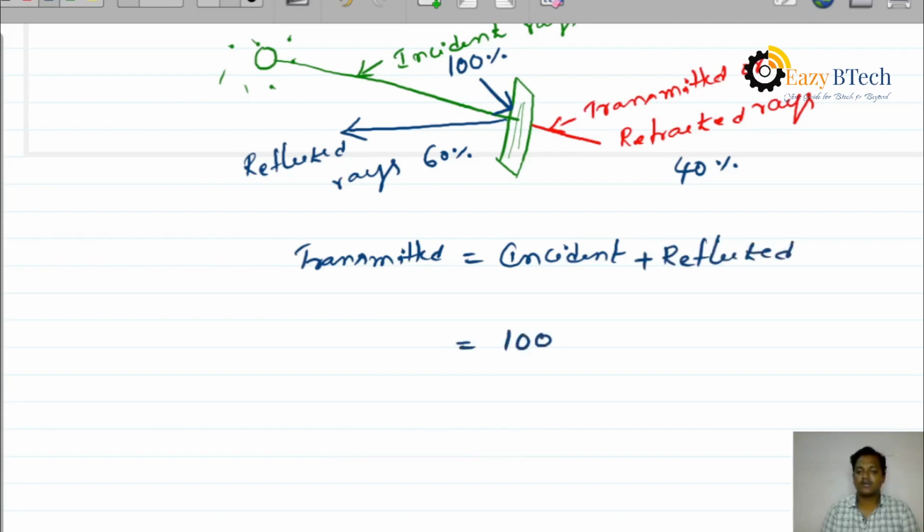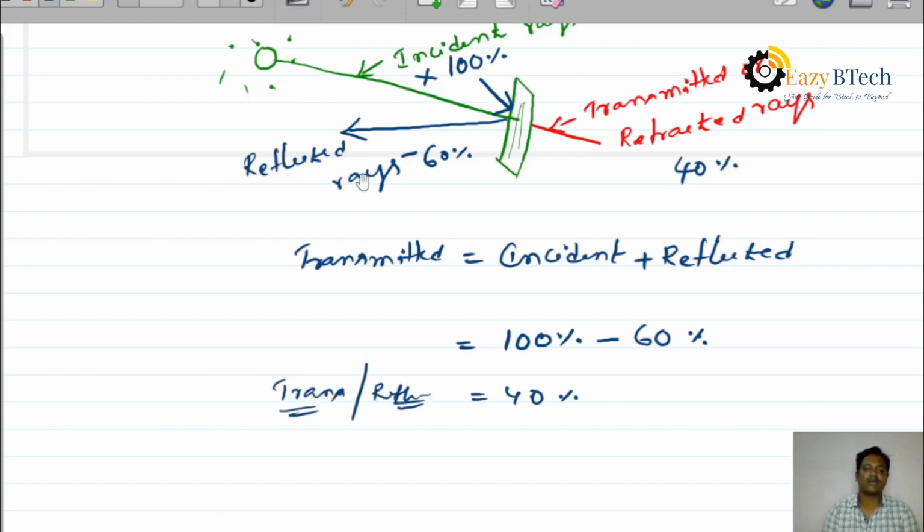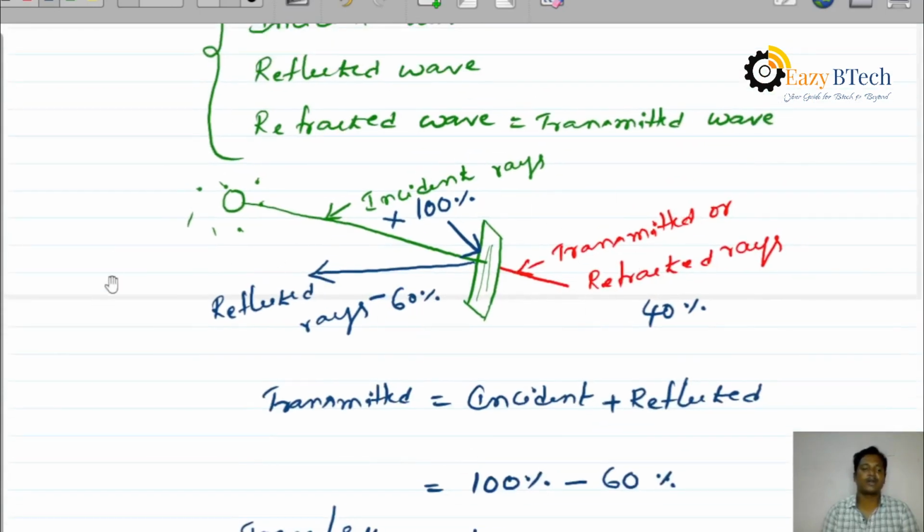Incident is 100%, and reflected goes back in the opposite direction, so I'm taking it as minus. Therefore, 100 minus 60%, we get 40% as the transmitted or refracted. I hope you understand what is meant by transmitted, reflected, or refracted from this example. Now we will go into the subject.